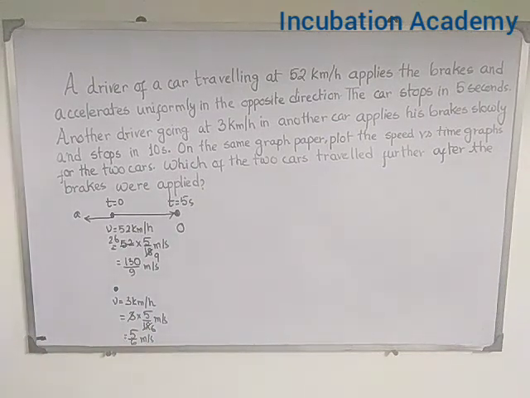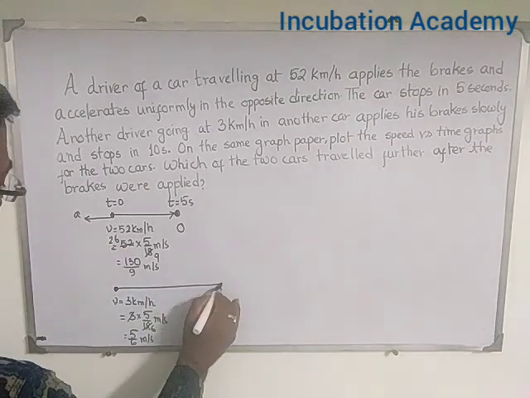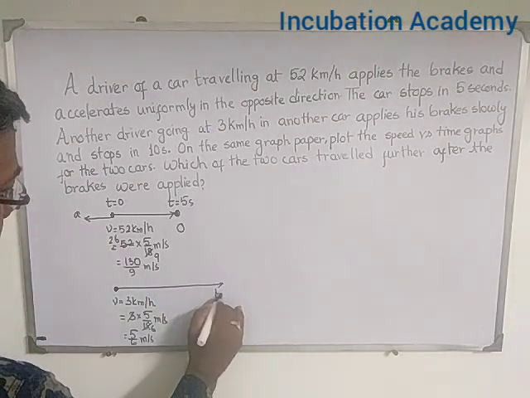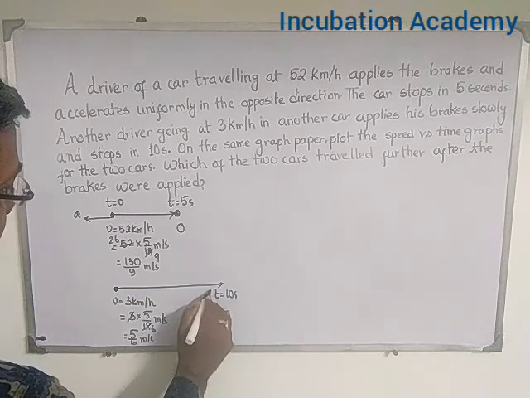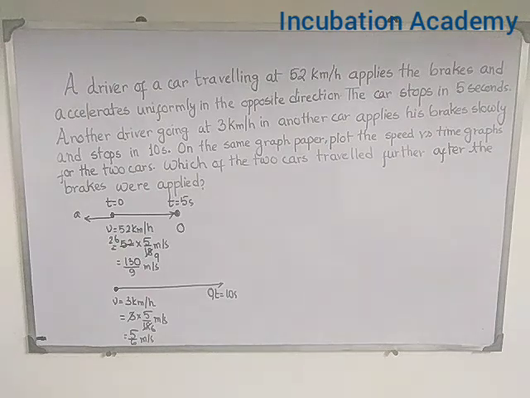At that time again the brakes are applied, slowly, so it stops after 10 seconds. So let us take this as t equal to 10 seconds, and here its velocity is 0. So within 10 seconds its velocity reduces from 3 km per hour to 0 km per hour, or 5 by 6 meter per second to 0 meter per second.